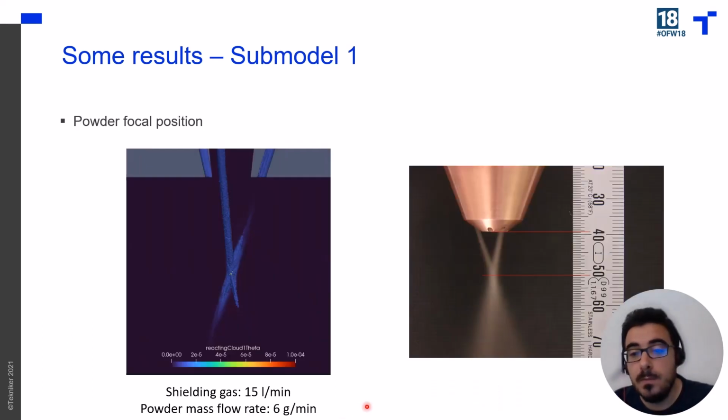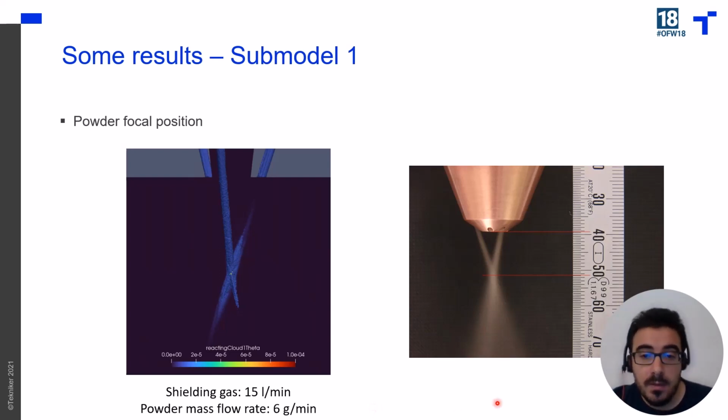Another very important point in LMD is to have a good coincidence of your laser working position and your powder focal position in order to maximize the process efficiency in terms of powder catching.